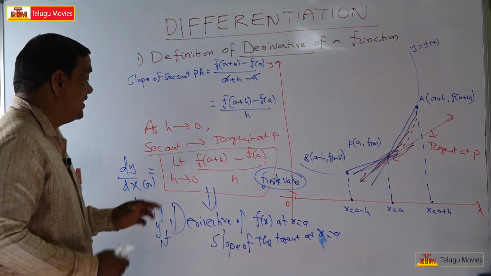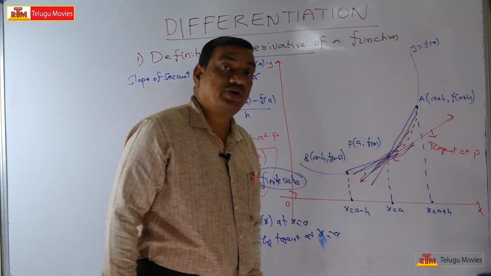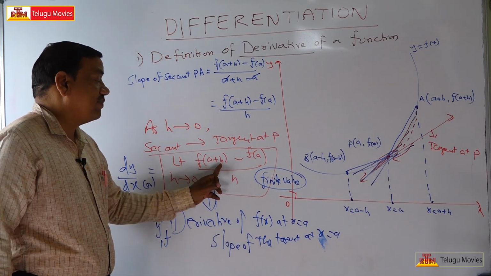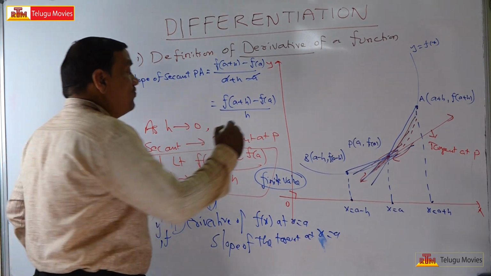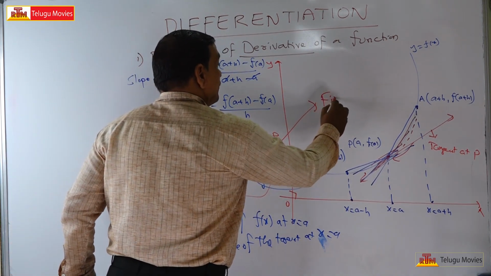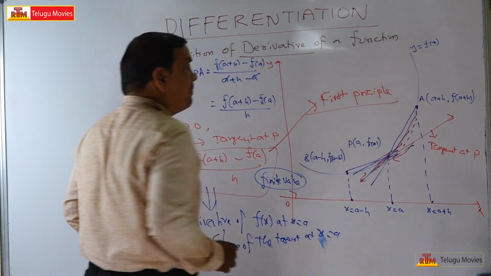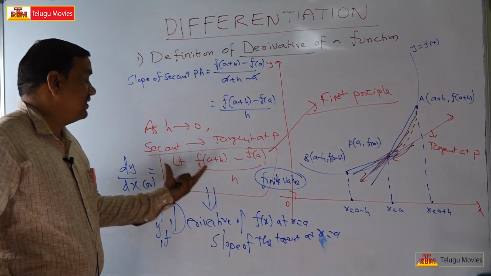So ultimately, the slope of the tangent at x is equal to a is the output value of limit h tends to 0, f of a plus h minus f of a by h. This is called first principle, or by definition.